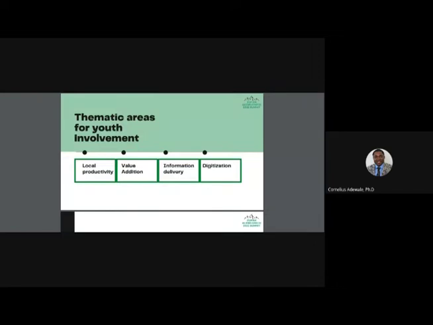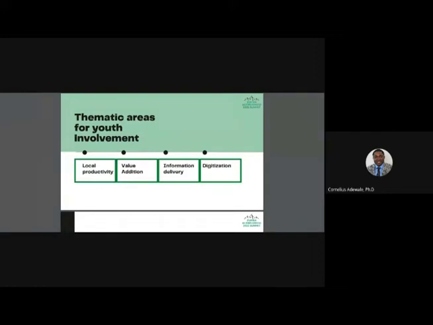The first area I want to talk about relates to local production optimization. The second area, I'll focus a little bit more on the value addition component, information delivery as the third, and then digitization as the fourth one.